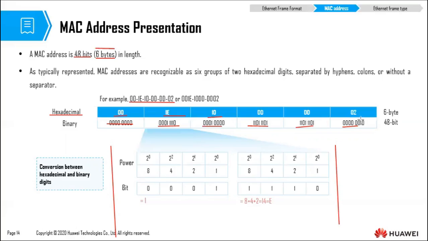But normally that is how we write MAC addresses. And between each of the 6 groups, we can separate them using hyphens, like what we've used here, or we can use colons, or we can write them without any separator. But the most common format is by using hyphens.